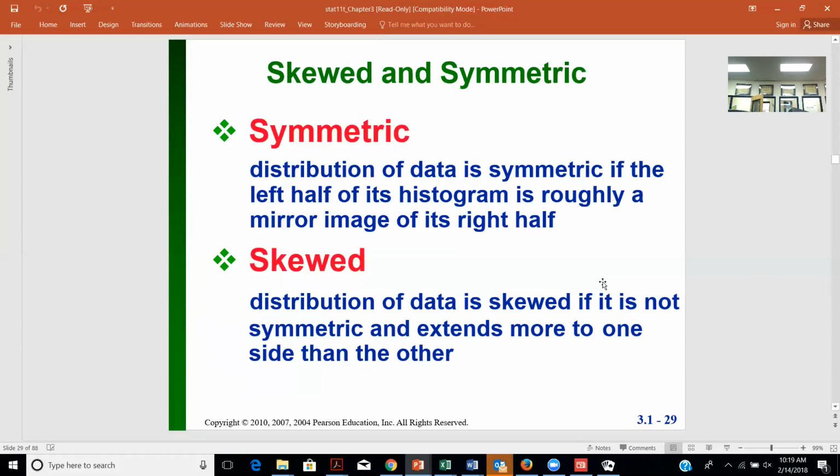Let's just take a look at, I'm going to draw another curve here. We'll look at the concept of variation in data and how we calculate that.